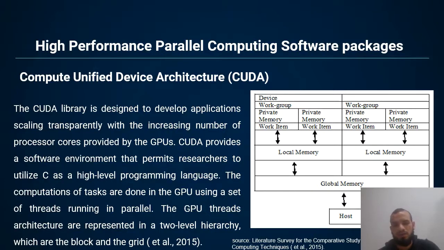Each thread has its own local memory and private memory and work item as well. So the computation tasks are done in the GPU using a set of parallel threads, as we can see here, and also the structure or the architecture of the GPU threads are represented in a two-level hierarchy, which consists of block and grid, as we can see here in the figure.